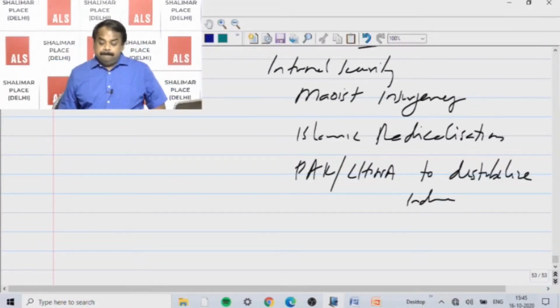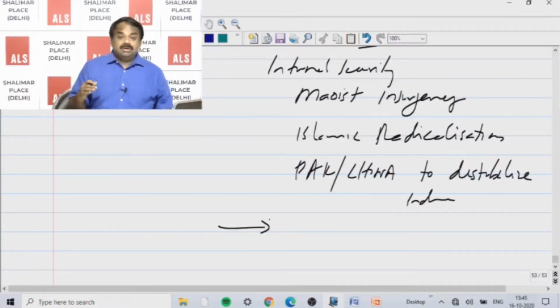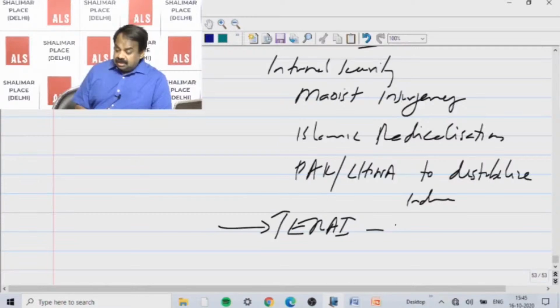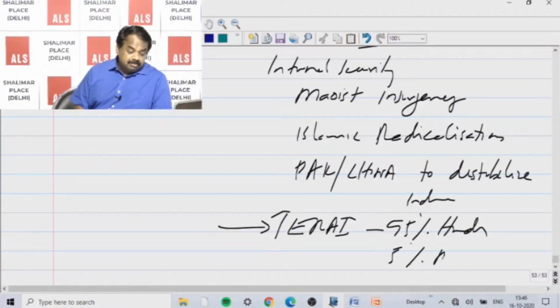Then India should also understand, regarding this right wing or Hindutva ideology, that in the Terai region the population is about 95% Hindus and around 5% Muslims in Nepal.